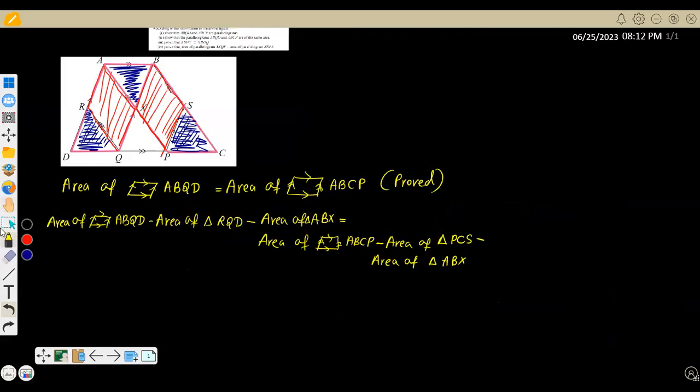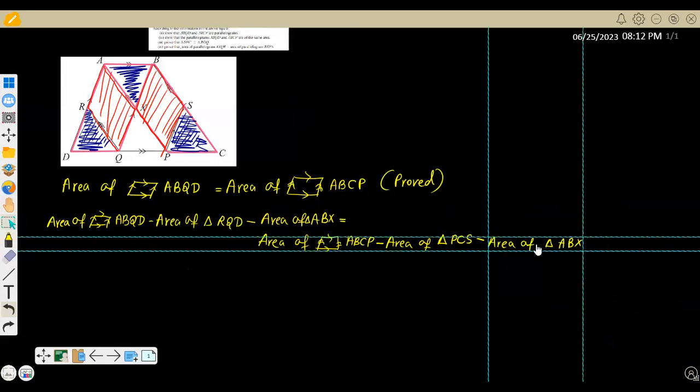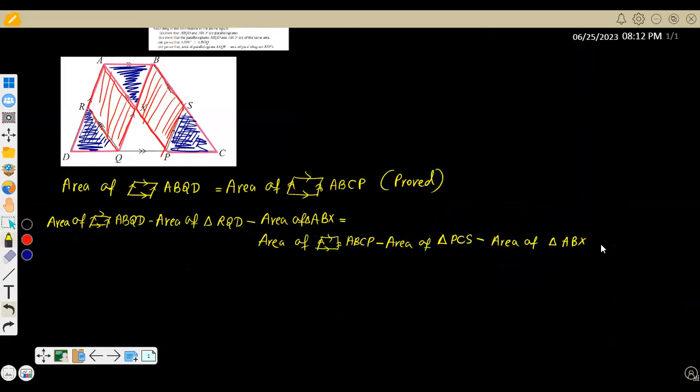you have to give a reason. What is the reason for this equating? The reason is these are equal by axiom 3. It is enough to write "axiom".